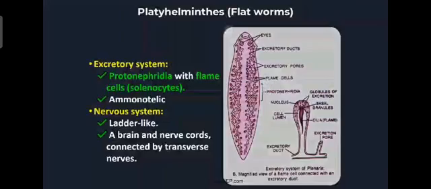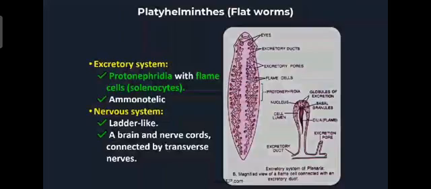One mark question: which are the excretory organs in the flatworms or Platyhelminthes? That is protonephridia, important one. Protonephridia with flame cells. Flame cells are the excretory organs, also called solenocytes. So this name also you have to remember.